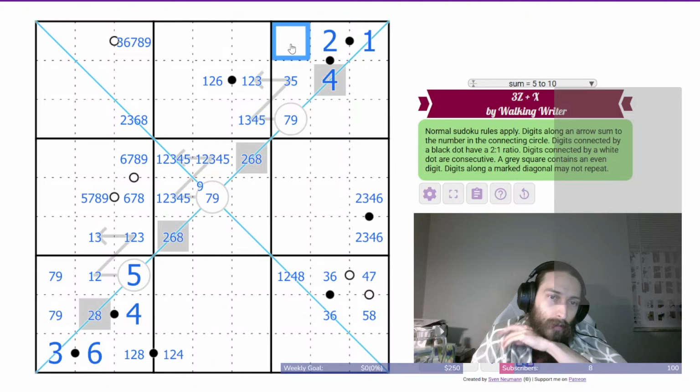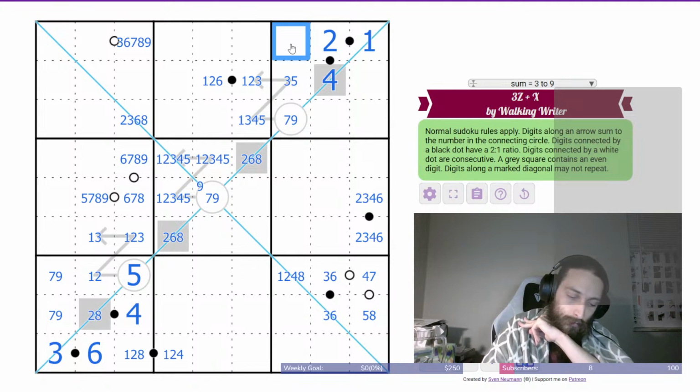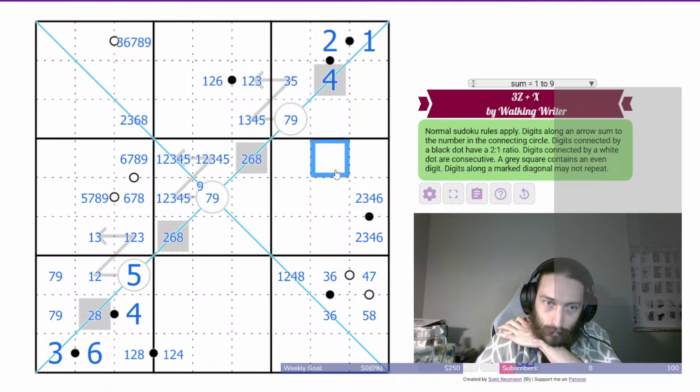If this is 3, 6, then that's a 6. And that's a 3.